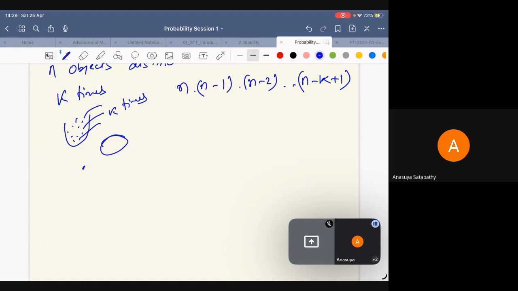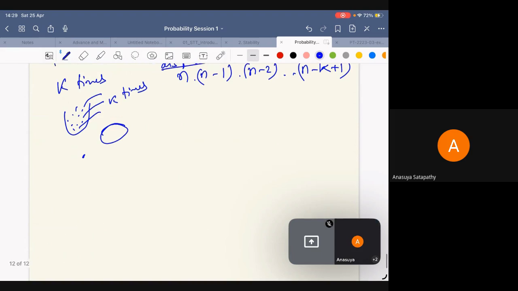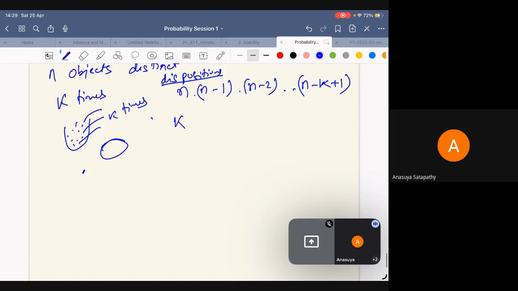So this is the dispositions. For example, if k equals n, that means they are the same. For example, 5 distinct objects are there, and I have to take out 5 times. So it will be n into n minus 1 into n minus 2 and so on, up to 1. So this is what? n factorial. Okay.